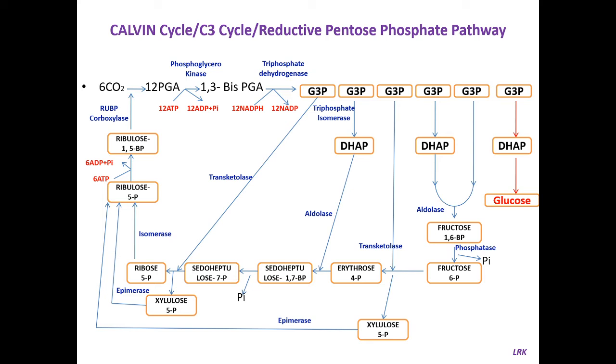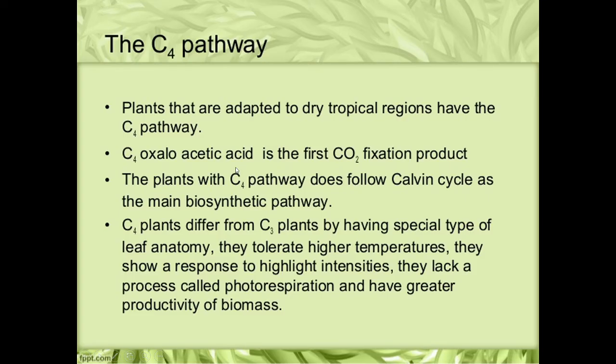They discovered that radioactive carbon dioxide is fixed as oxaloacetic acid, which is the first intermediate product of carboxylation. And the primary acceptor of carbon dioxide in these plants is phosphoenol pyruvic acid, that is PEP, whereas in C3 plants, the primary acceptor is RuBP.